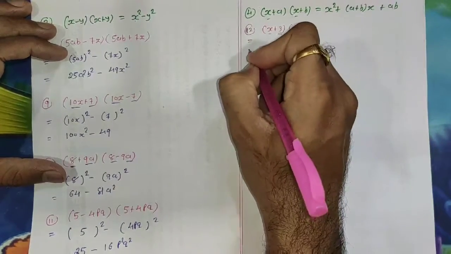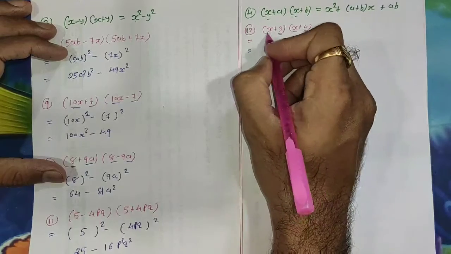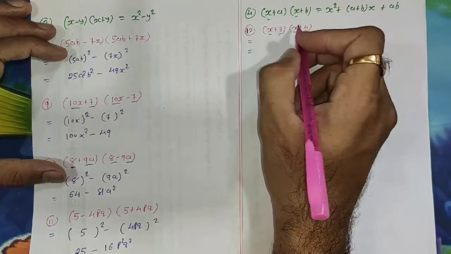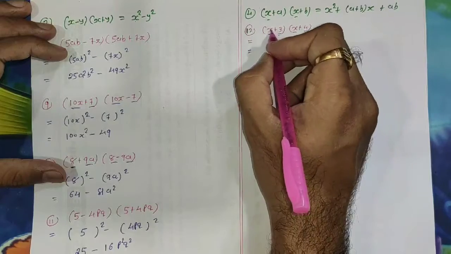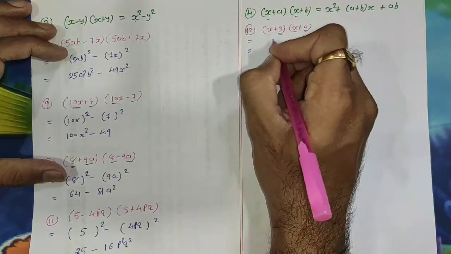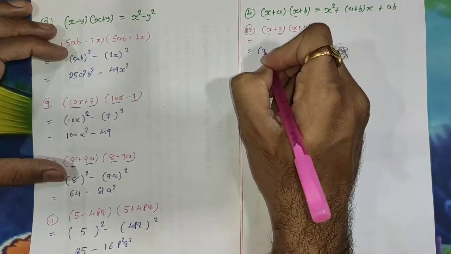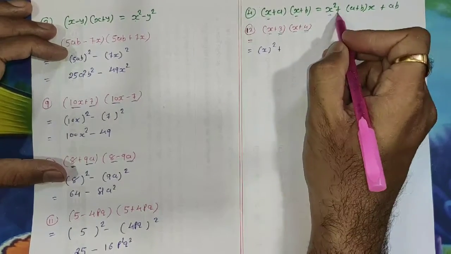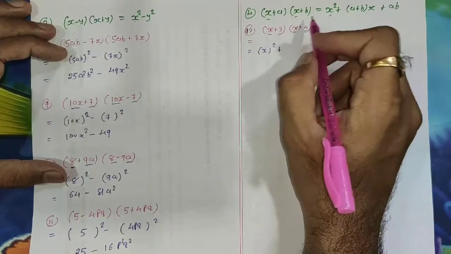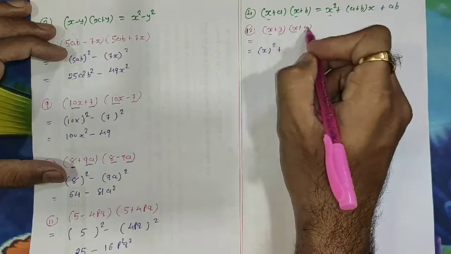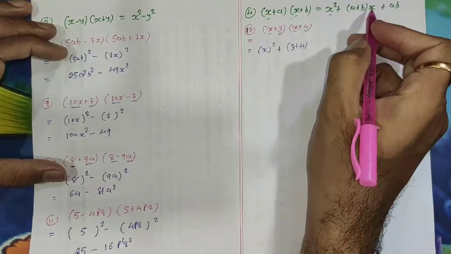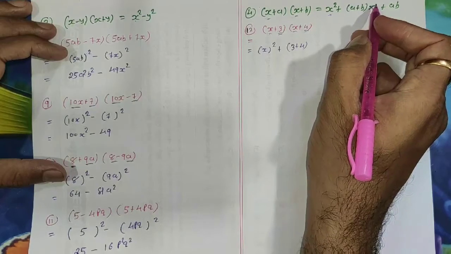So what is the expansion? Expansion form is square of the common term. So x is common between these two terms, and common means equal term. In both the binomials, x is the equal term, so square of the equal term, so it's x square, plus you have to consider the addition of the two different terms. The two different terms are 3 and 4. So the addition of those different terms, 3 plus 4, into which you have to multiply the same term.